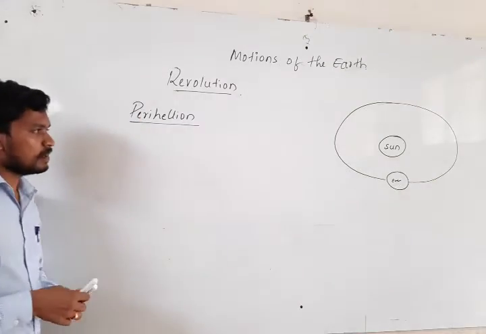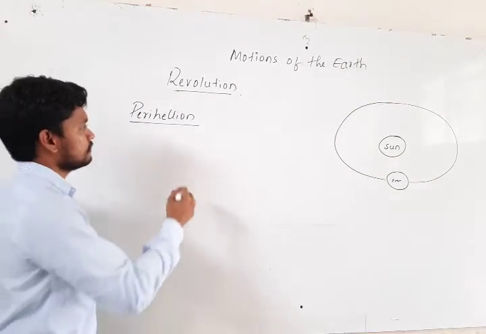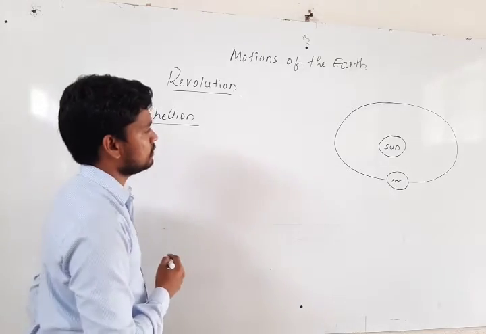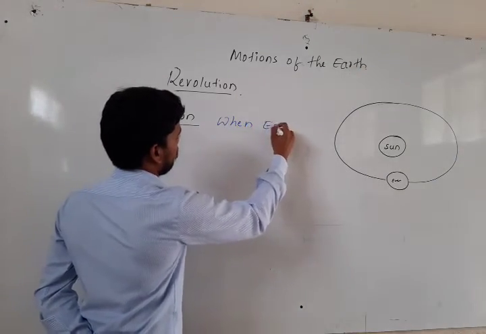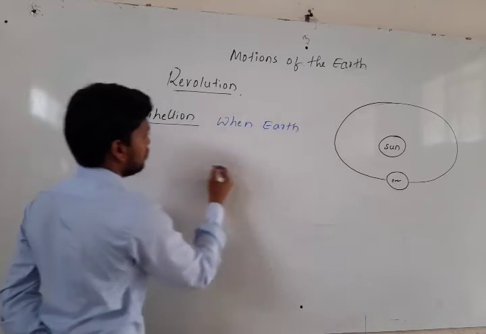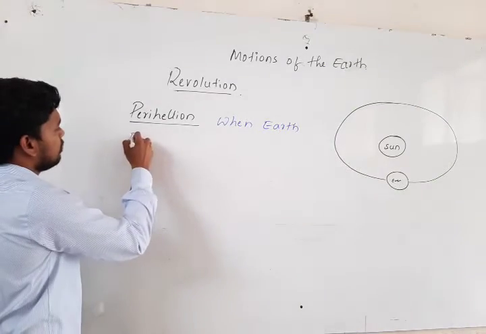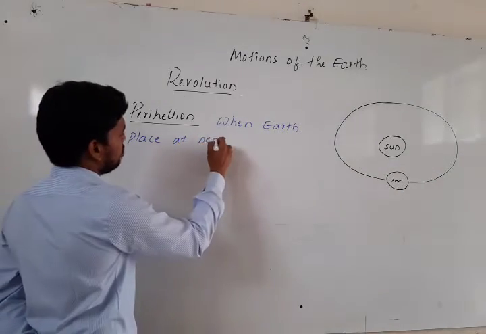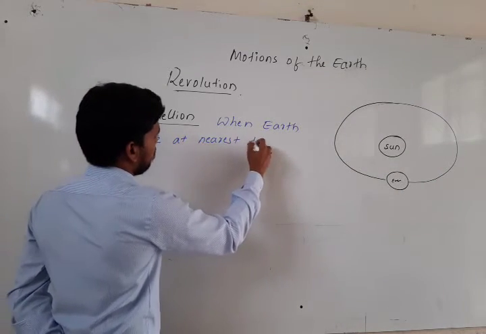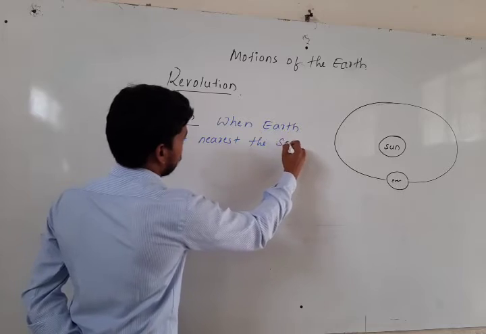Perihelion means when the Earth is placed nearest to the sun.